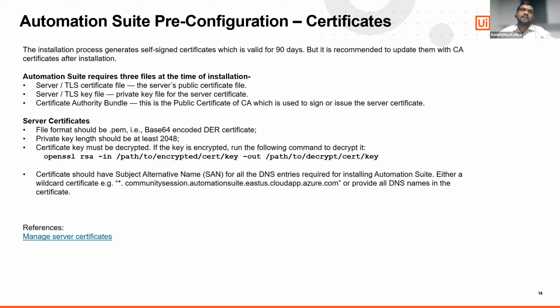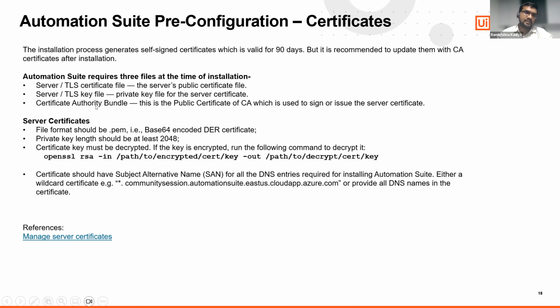In that duration, it is recommended to update it with your own certificate for better security. So automation suite requires 3 files at the time of installation: the server TLS certificate, which is the server's public certificate file, and the server TLS key file, which is the private key file for the server certificate.